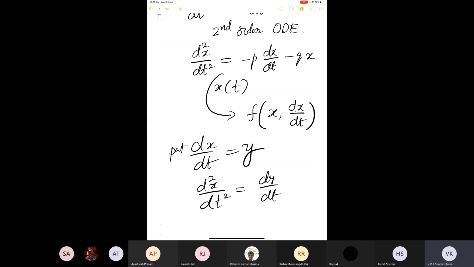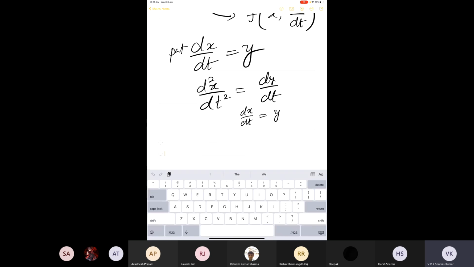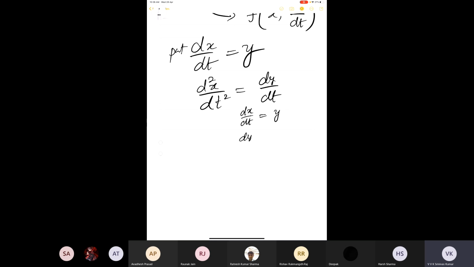So we can write our differential equation as dx by dt is equal to y, and dy by dt is equal to minus p y minus q x. Call this f xy.